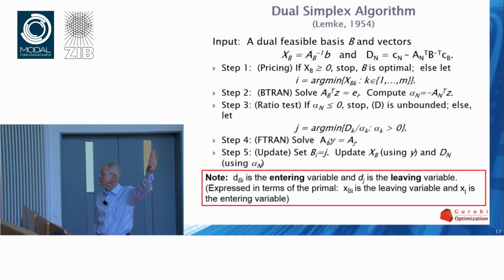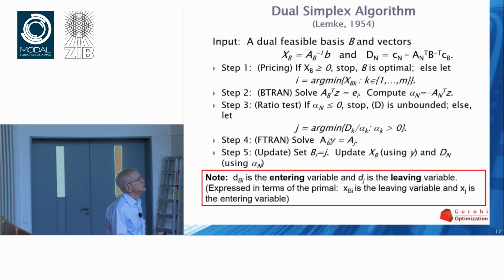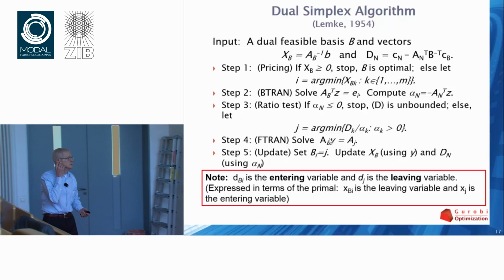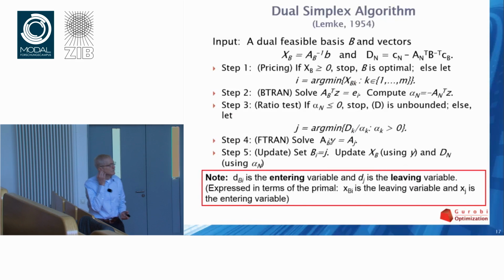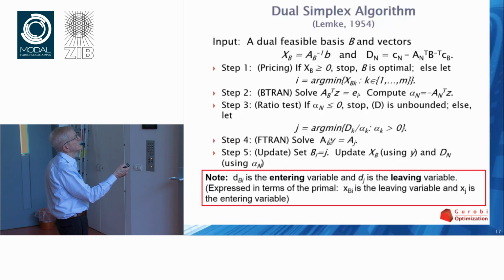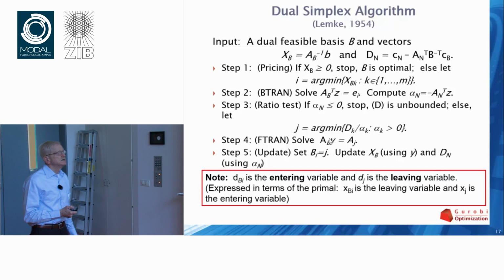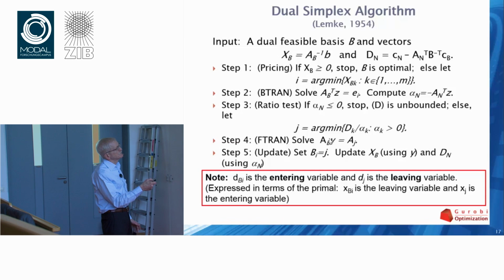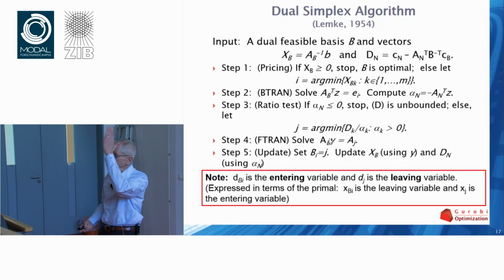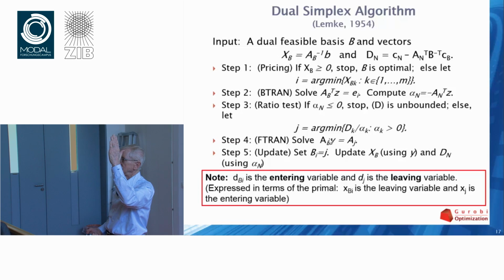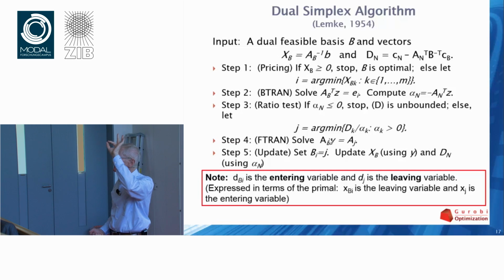I'm not going to go through a bunch of justification for why this is the right statement. But I should say one part here, which is that in my pricing step I'm determining an index i, indexed over the B_k for k in 1 through m. What this really says is that d_B_i for this selected i, remember the d_B variables are the non-basic variables in the dual, is the entering variable.